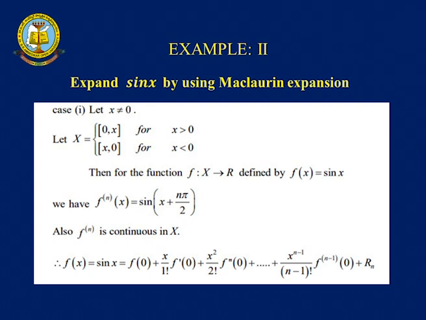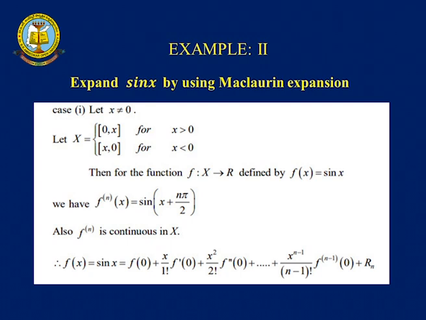In the same way we can say the nth derivative of sin x is f power n of x equal to sin of x plus n pi by 2. In place of n equal to 1 we get the first derivative. Suppose n equal to 1, let us see what happens: sin of x plus pi by 2, sin of 90 plus x, sin of 90 plus theta we can write as cos theta, so it becomes cos x, that is the first derivative.